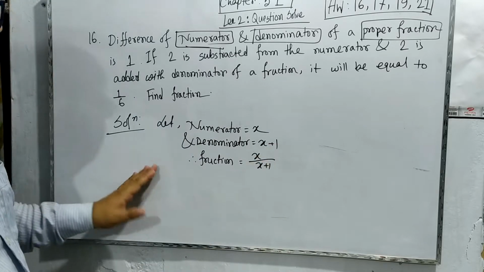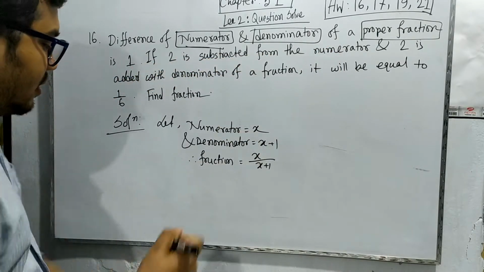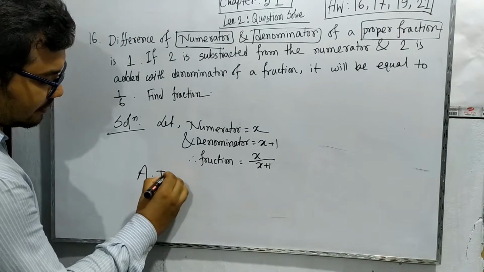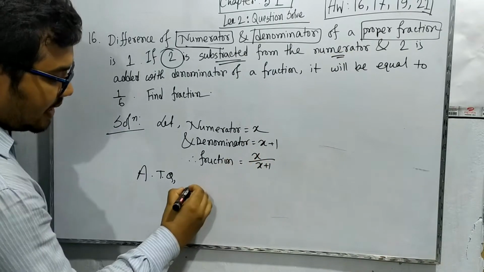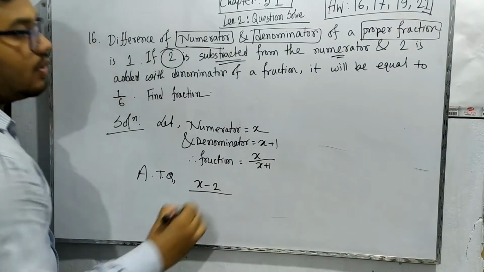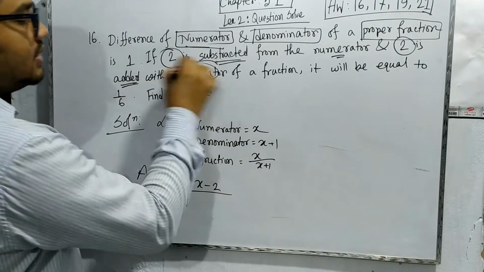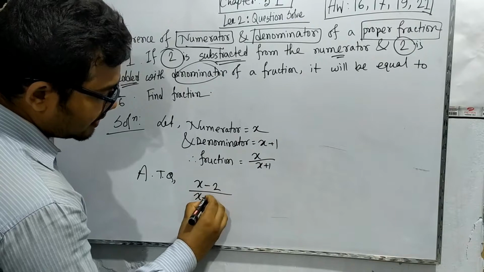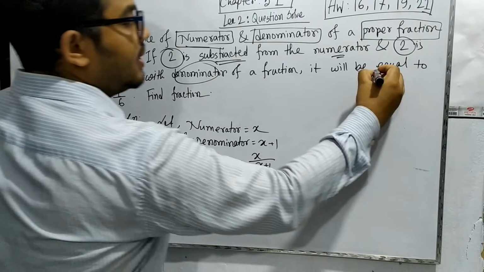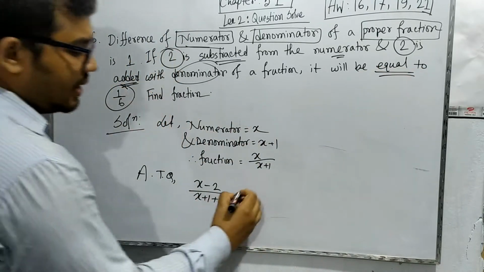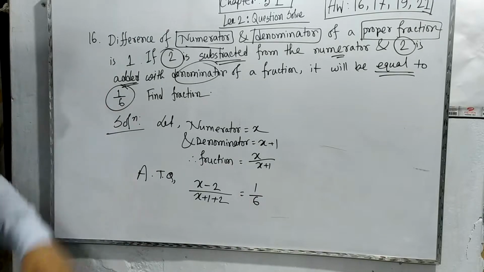Now our question says that if 2 is subtracted from the numerator, that is x minus 2, and 2 is added to the denominator, that means x plus 1 plus 2, then it will be equal to 1 by 6. Is it okay?